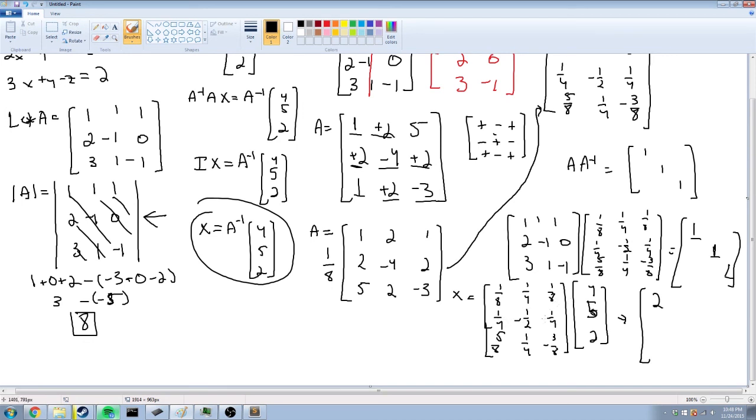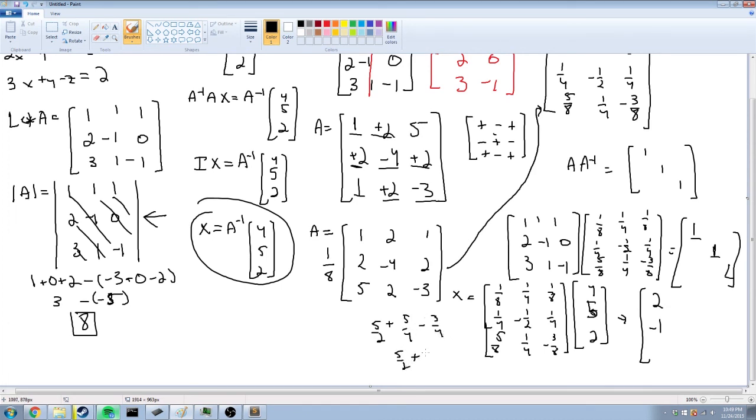That's 1 minus 5/2 plus 1/2. So what's that? Negative 1. And then 20/8 plus 5/4 minus 3/8. I'll just make that 5/2 plus 5/4 minus 3/4.